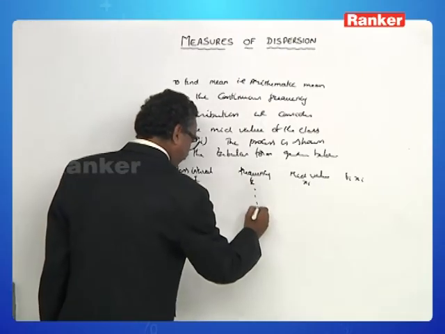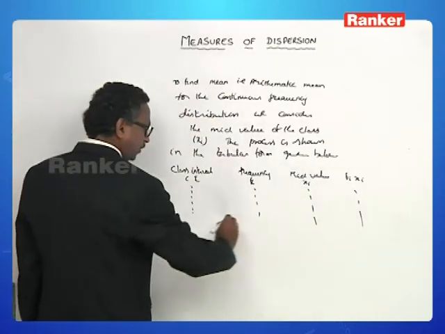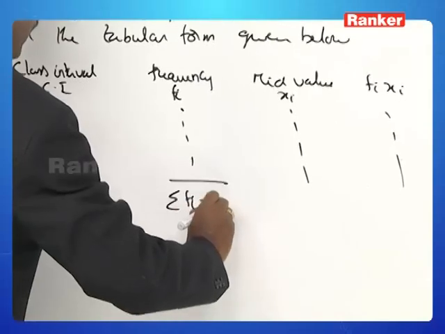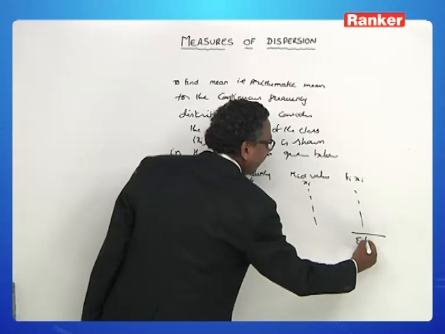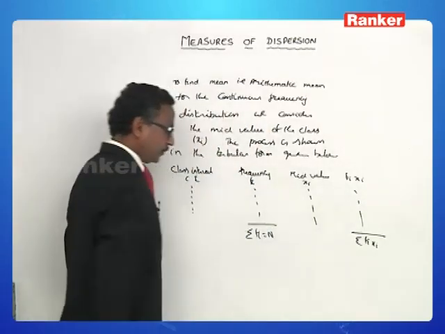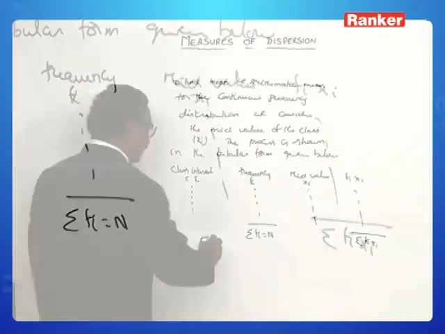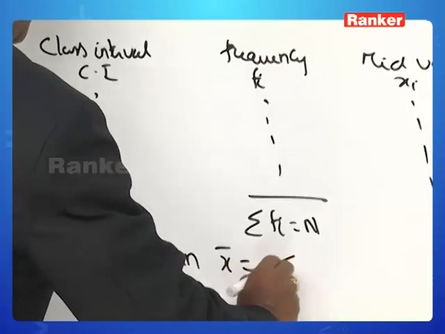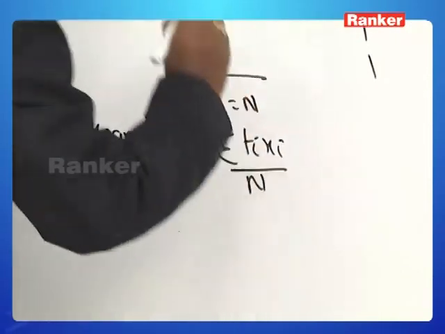This will give you sigma Fi, which is n, and sigma Fi Xi. Using these two, we can find the mean: x bar is equal to sigma Fi Xi divided by n.